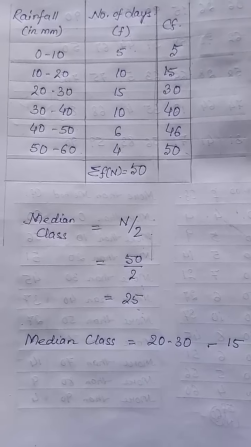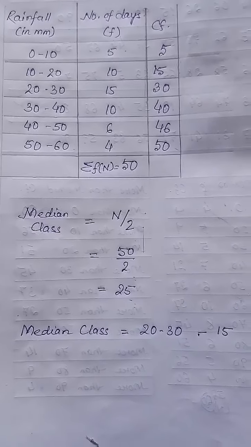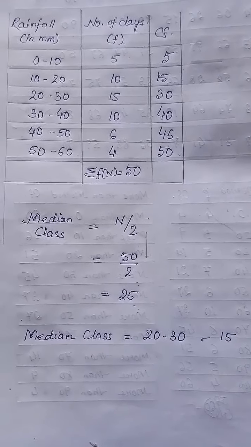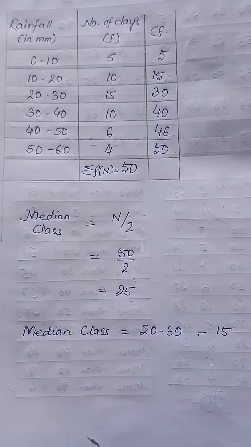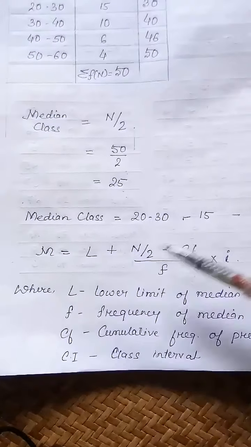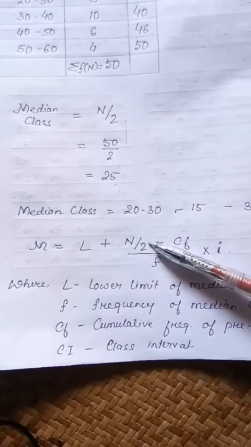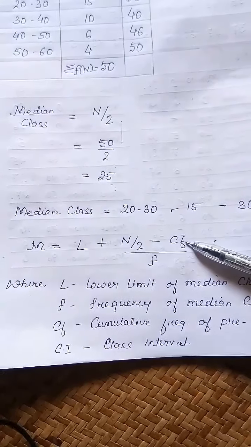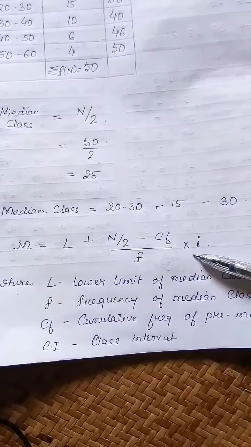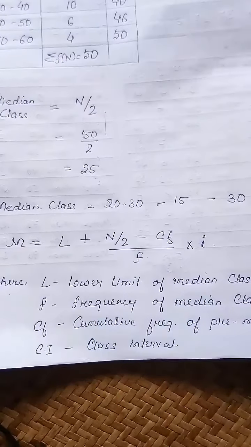Now we will do the calculation of the median. Here the formula is totally different. Let us see the formula for calculating the median for the group data. The formula is L plus n by 2 minus CF, that is cumulative frequency, by F, into I. Now let us see what this all stands for.